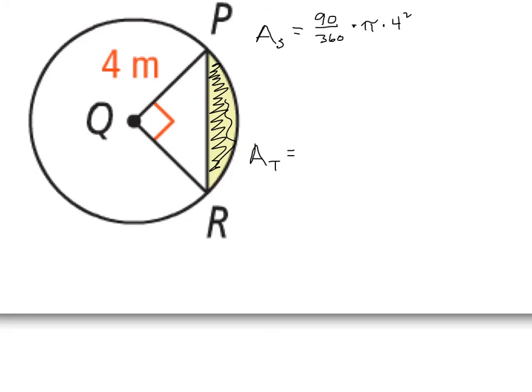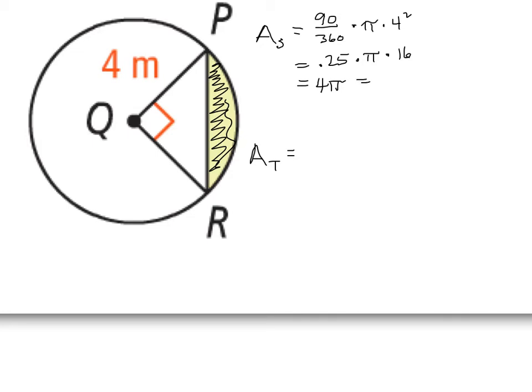If I simplify this, 90 divided by 360 gives 0.25. We take that times pi times 4 squared, which is 16. Well, 0.25 times 16 is 4, so this is really 4 times pi.